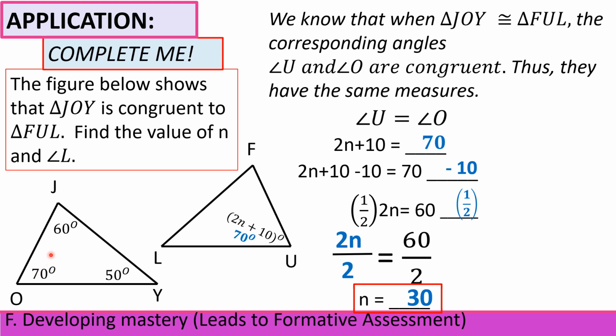So, 70 plus 60, that is 130, plus 50, that is 180. So, since angle Y and angle L are congruent, or corresponding angles. And if angle Y measures 50 degrees, therefore, angle L also measures 50 degrees.